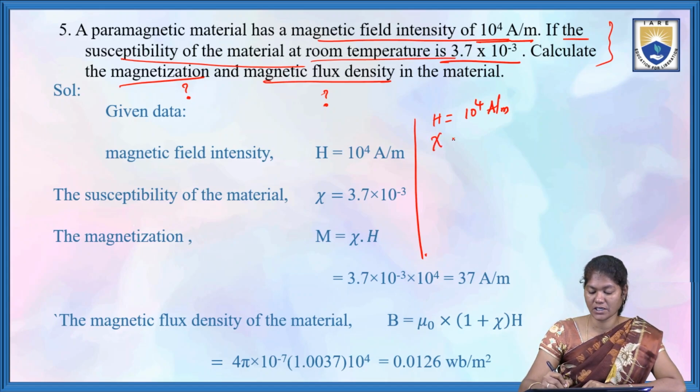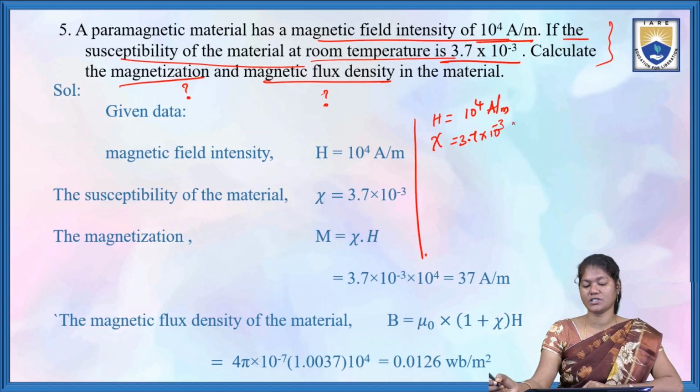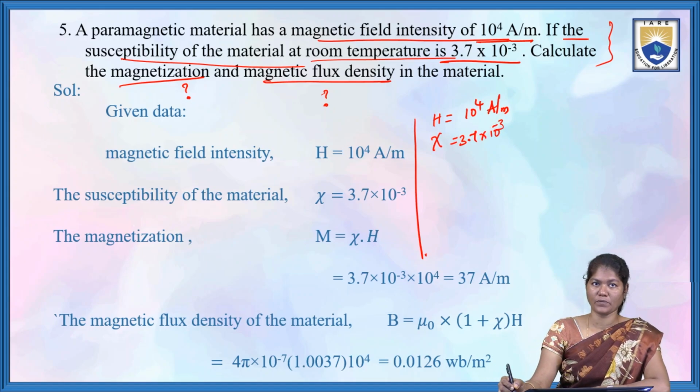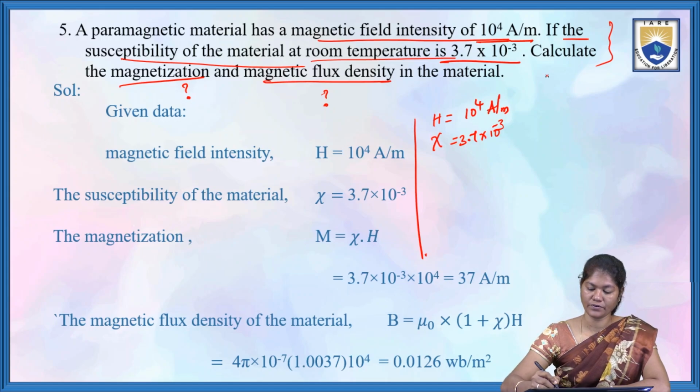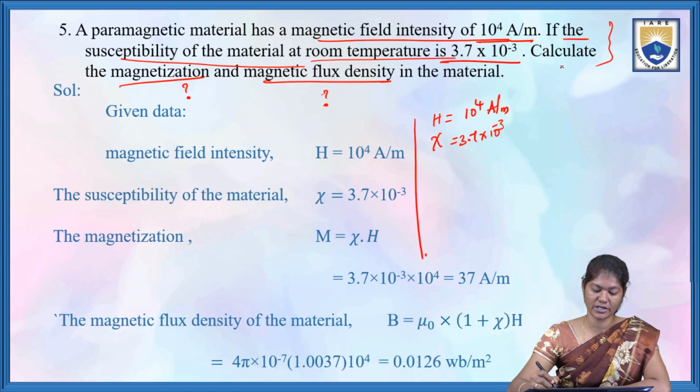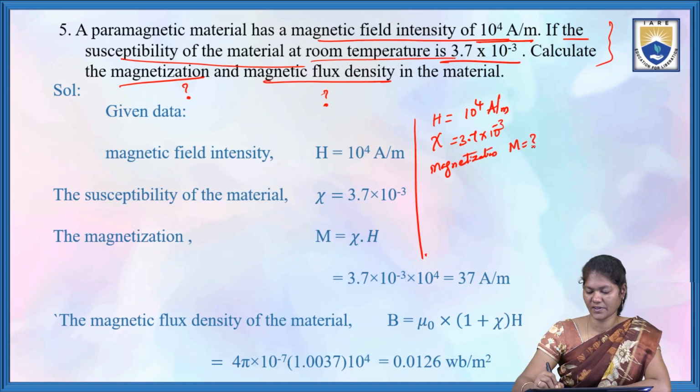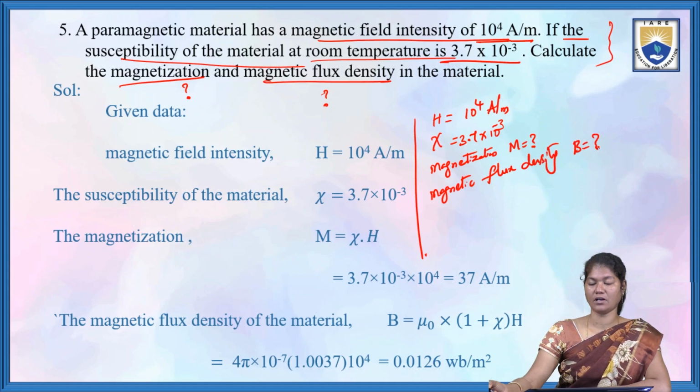So susceptibility chi is equal to 3.7 into 10 power minus 3, which is at room temperature. And then we need to calculate the magnetization M and the magnetic flux density B.